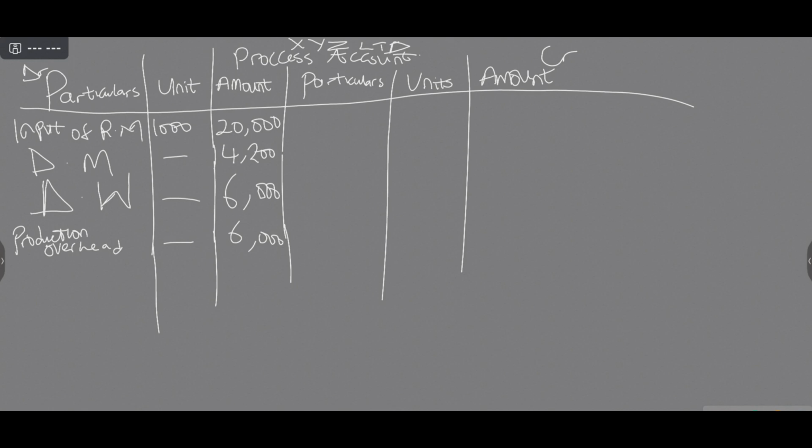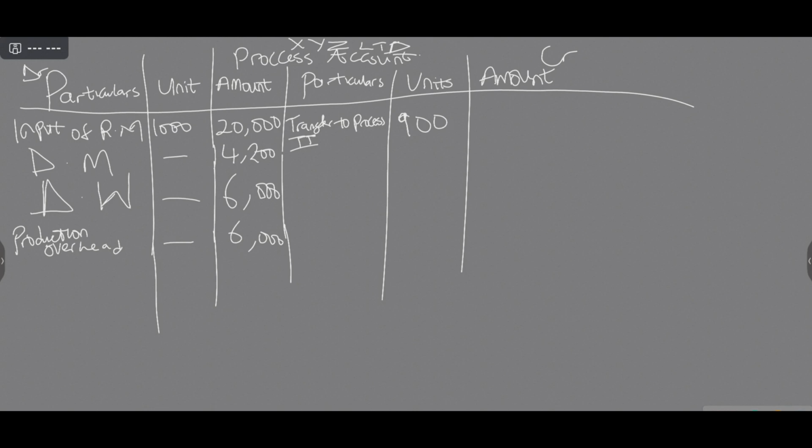That is going out of the process, so this will be recorded on the credit side of the process account. So I'm going to write transfer to process 2 of 900 units. The amount will be determined later as we move on.